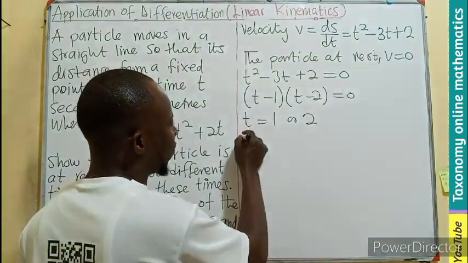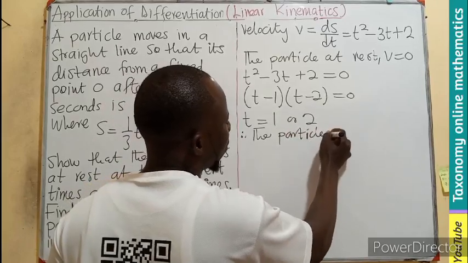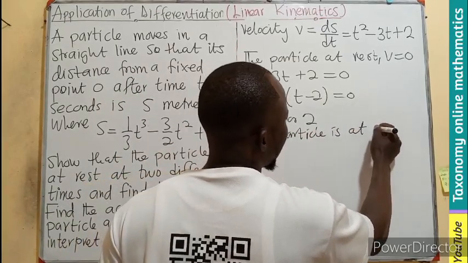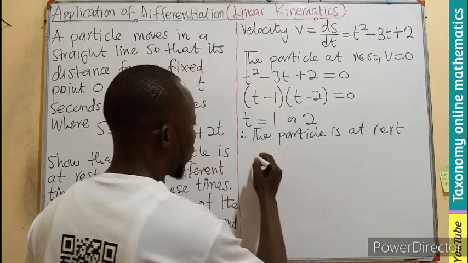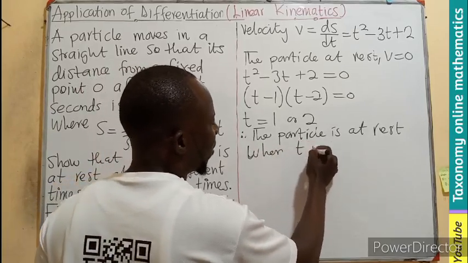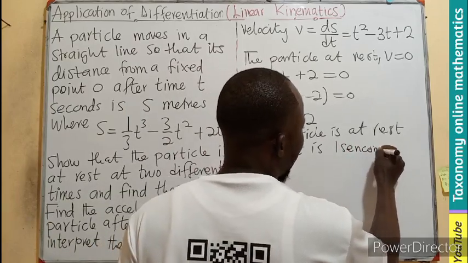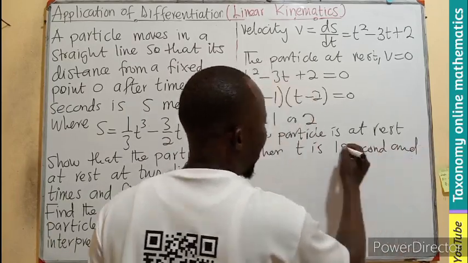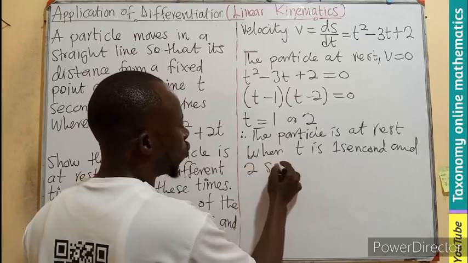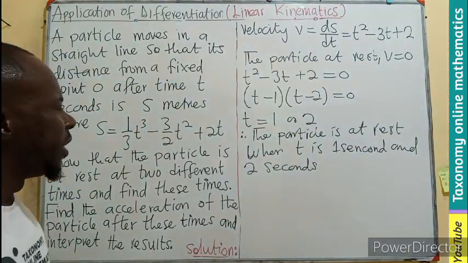So we see that, therefore, the particle is at rest when t is 1 second and 2 seconds. All right.